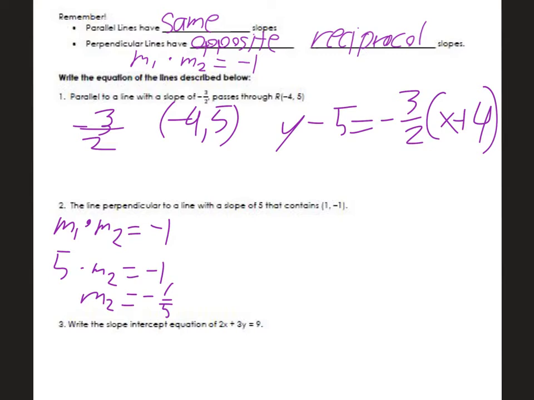So y minus a -1 is equal to -1/5 times x minus 1. And when we subtract a negative, we are adding a positive.